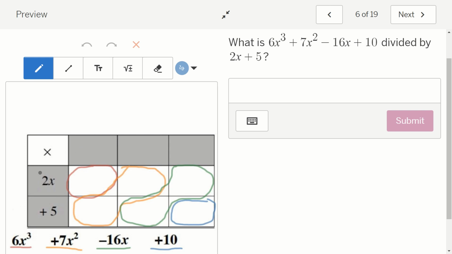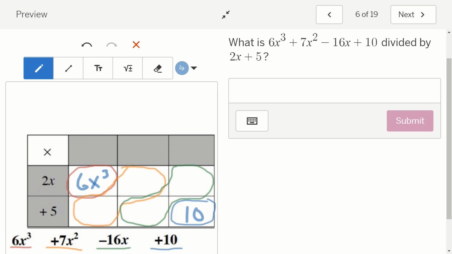With multiplication, we know the two outsides, the base and the height, and we multiply to get the area. In division, we know the area and one of the sides of the rectangle, and we're looking for the other. So working this out, we know from experience using the area model that the 6x to the third is going to go in that upper left, and we know that positive 10 goes in the lower right, and they've got those nice colors there to help you see that.